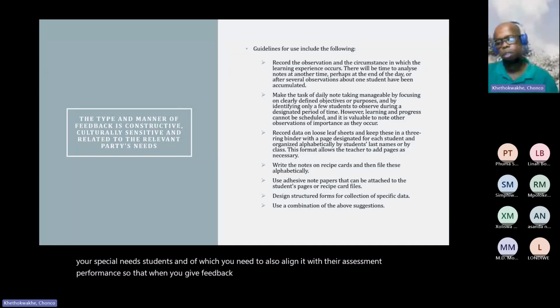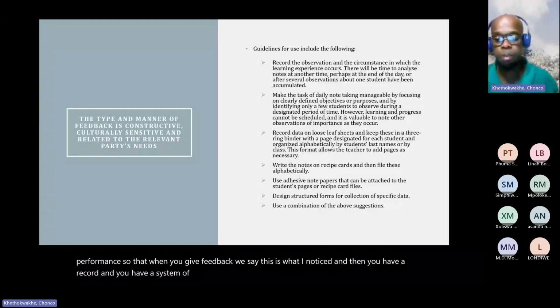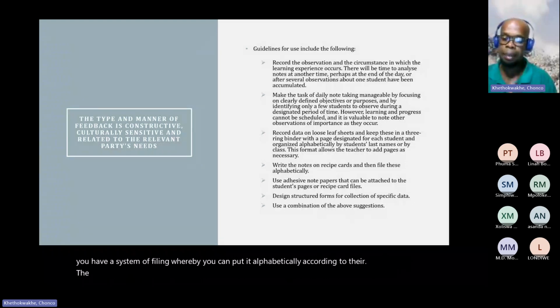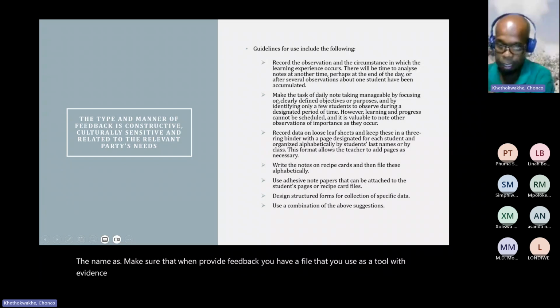You have a record and a system of filing whereby you can put it alphabetically according to their surname, so that when you provide feedback, you have a file that you use as a tool with evidence. Write notes on the SIP card and then file it alphabetically.